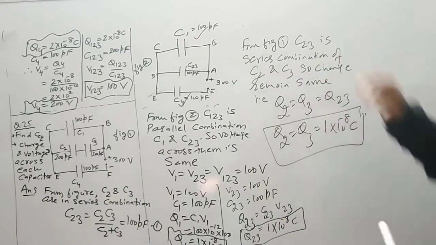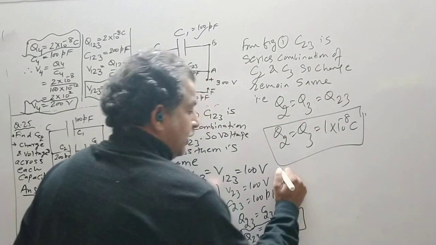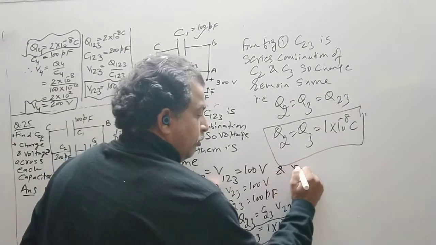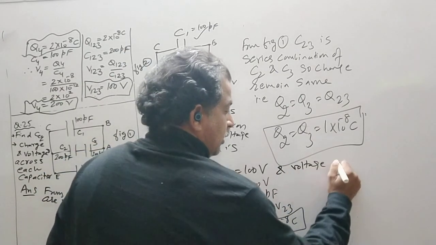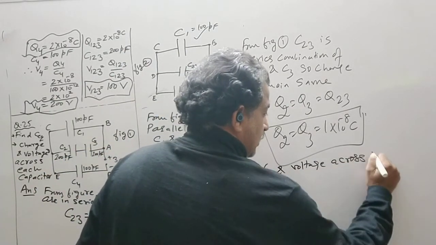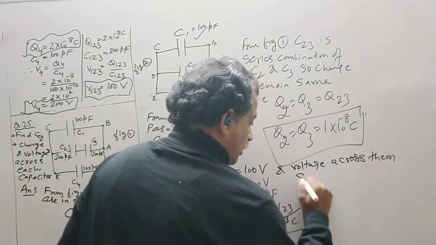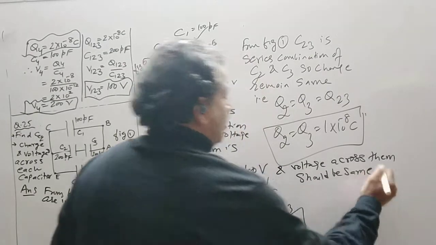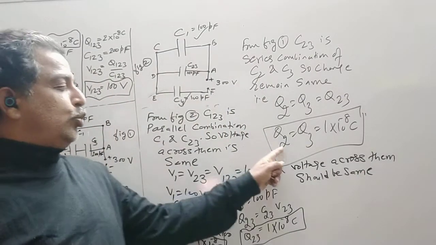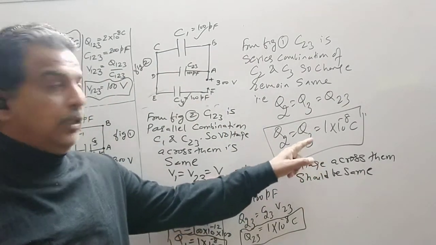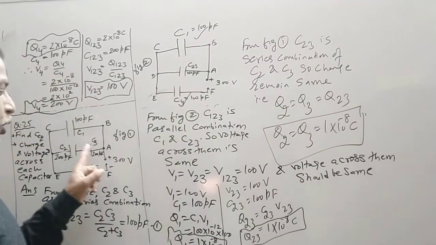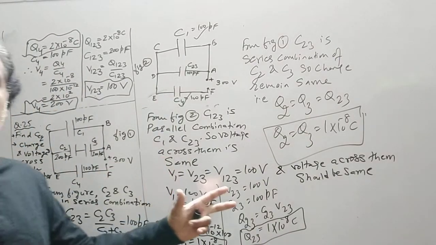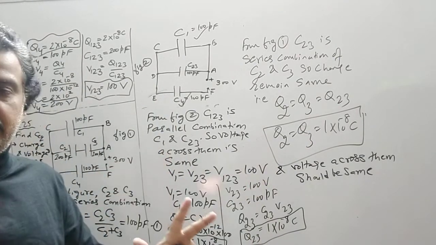So they are in series combination, charge remains the same, and the voltage across them should be the same. I can directly write, or because I know Q2 and Q3 and C2 and C3 are also known, individually also you can find out V2 and V3, that you check.